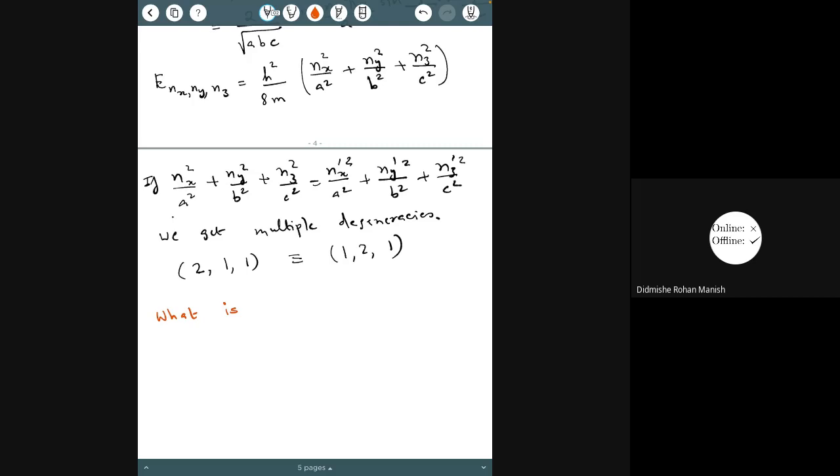The permutations and combinations. So I think 3 factorial divided by 2 factorial, something like that. Yes, here 1 is repeated, so yes. So you'll have some degeneracy for every energy level.